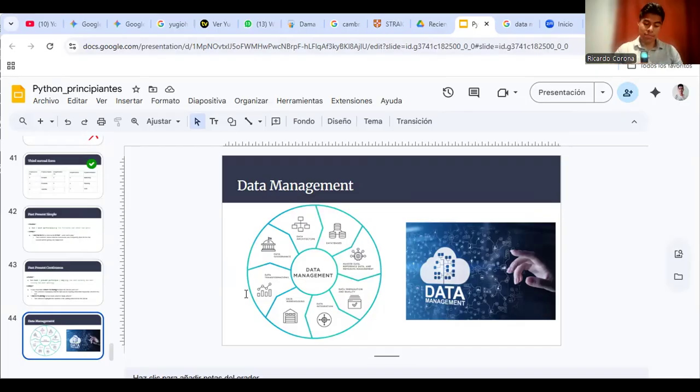And this is the main important information that we need to know about data management.